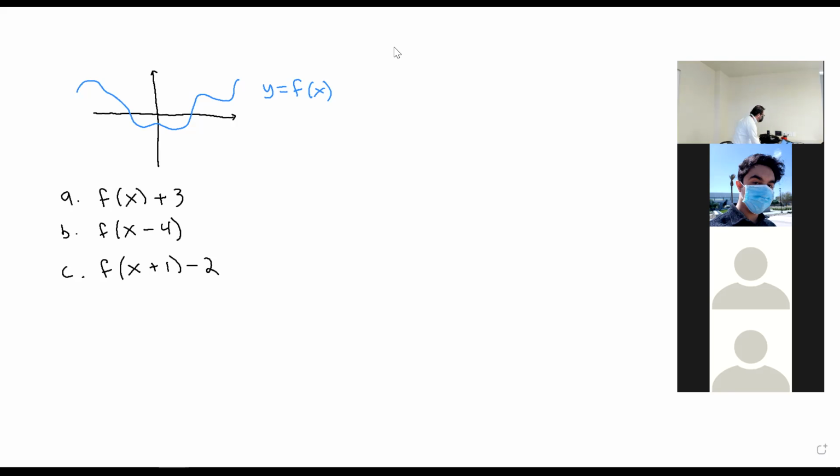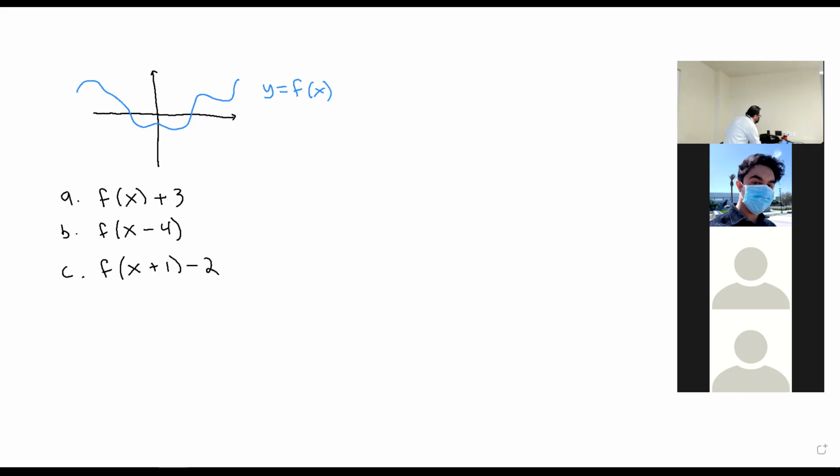Okay, let's see how we can start doing this. Let's do A. I'm going to try to do this interactively. So in the case of A, it says that it's f of x plus 3. What does that mean? If we're saying f of x plus 3, what type of shift?